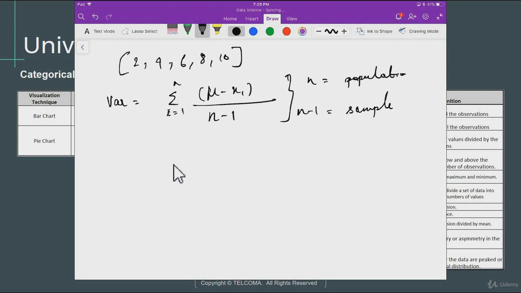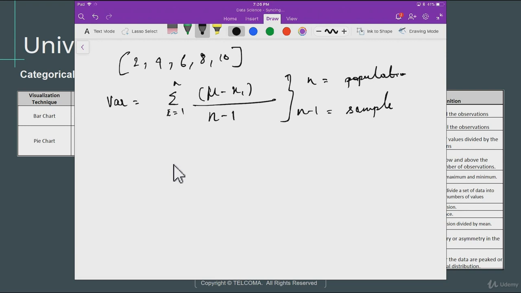Now, as for the difference between the two, you'll mostly deal with a sample in any sort of analysis. There are cases, definitely, where we have the entire population for consideration. But consider a scenario. Let's say you are trying to understand the average height of men in India. You can't literally go and calculate the average height for a billion men.